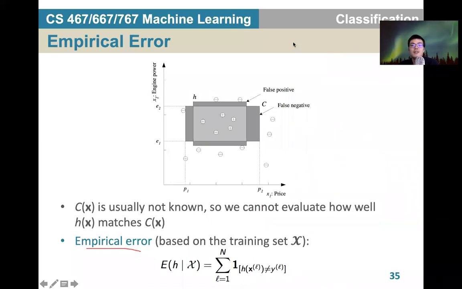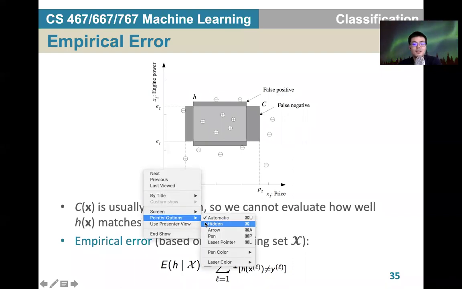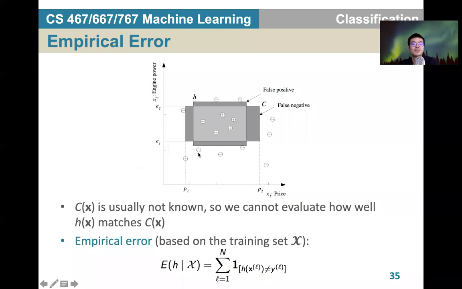And then sometimes we do care about the class. For example, if you have cancer patients and normal patients, the control.